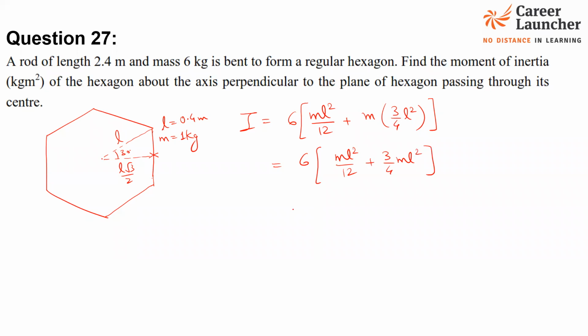So this is 60 by 12, which means 5 ml square. So 5 into 1 into L square, 0.4, 4 upon 10, 4 upon 10, so 16 upon 100. So the answer would be 80 upon 100, which is 0.8. So the answer should be 0.8.